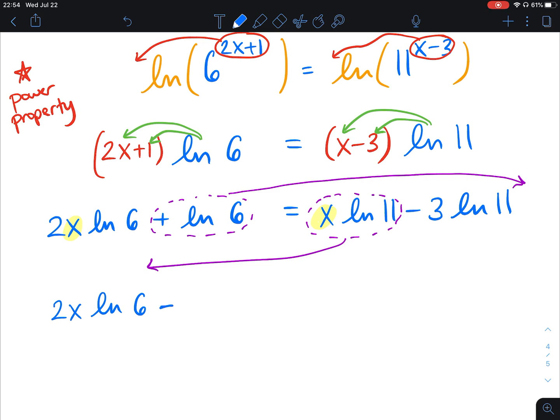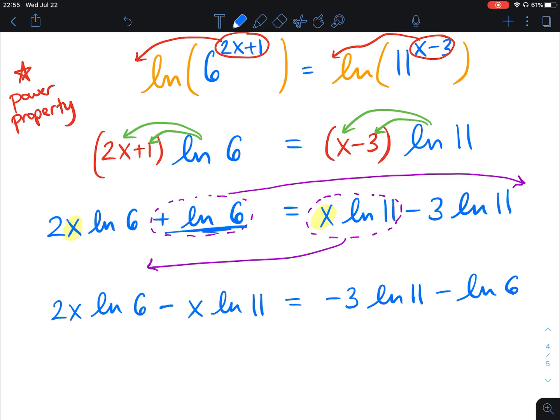I'm going to move the x ln 11 term to the left by subtraction. The negative 3 ln of 11 term that was already on the right side hasn't moved, and then it gains a negative ln 6 term from moving over by subtraction. So I just moved 2 terms in that one step.